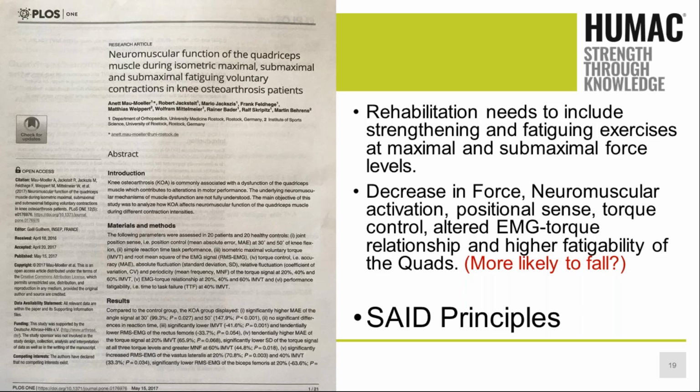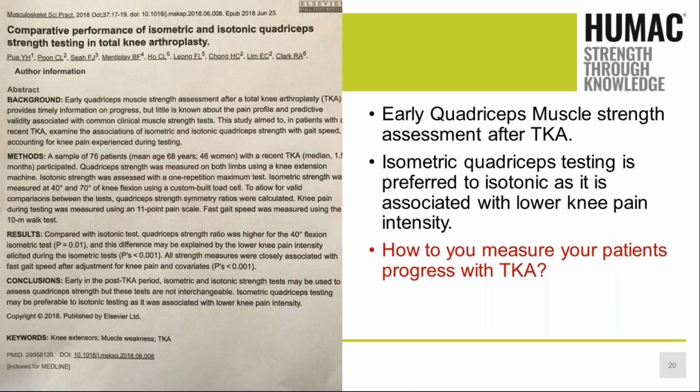We'll mention it again, SAID principle, specific adaptations to imposed demands, meaning that if we have somebody that has a beginning stability issue, we don't want to put them on a high loading exercise program. We want to start them through a progression that will allow them to stabilize appropriately.